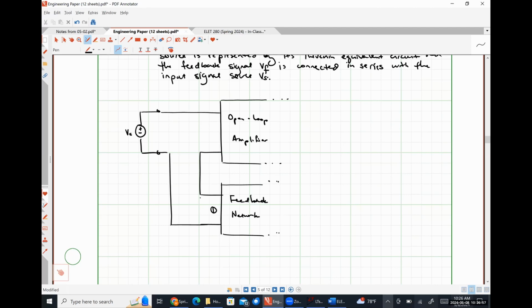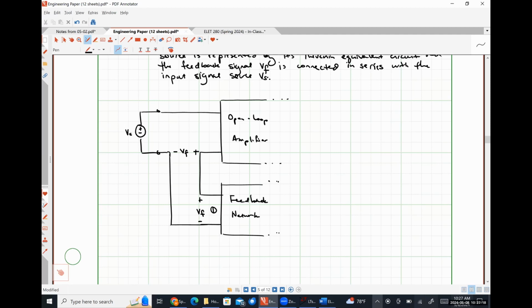If this voltage right here is our feedback voltage VF, here's my positive polarity terminal, here's my negative polarity terminal, like so.